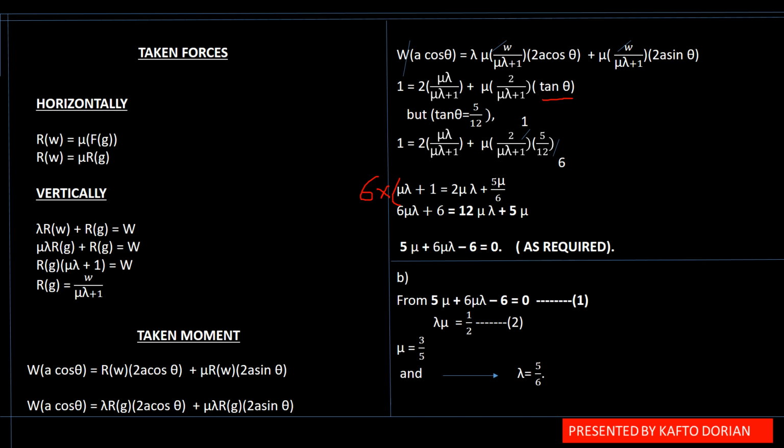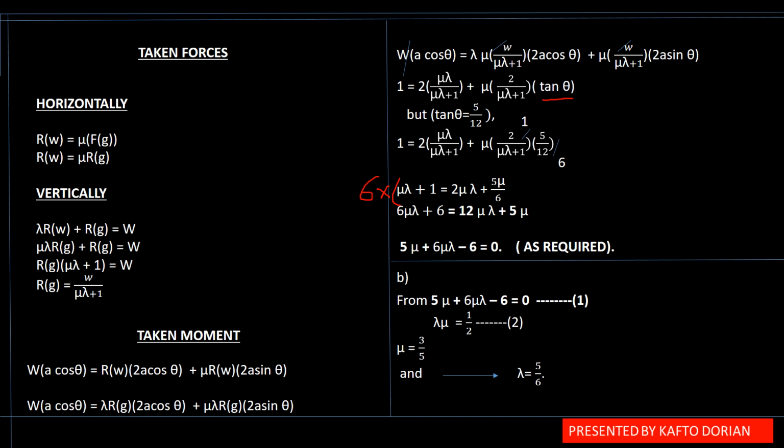Multiply now all two by 6, I have 6 mu lambda plus 6 equals to 12 mu lambda plus 5 mu. I'll now send the 6 mu lambda to the left hand side to have 6 mu lambda, and 6 to the right hand side to have minus 6 equals to 0, to have the proof which is as required.